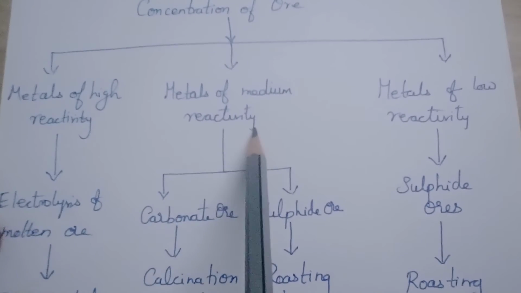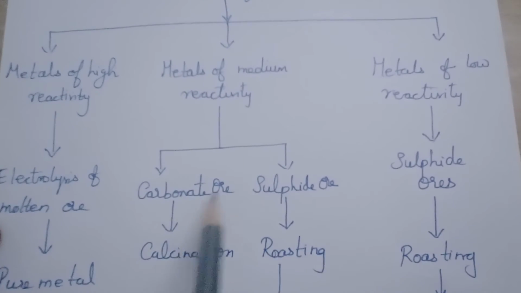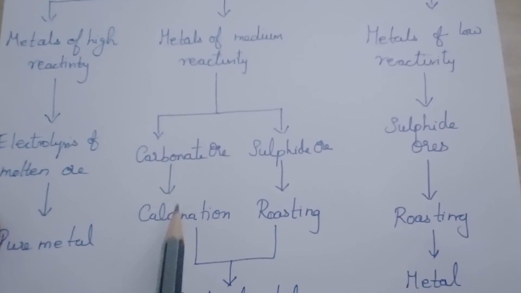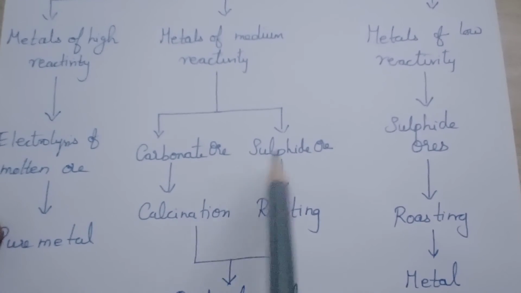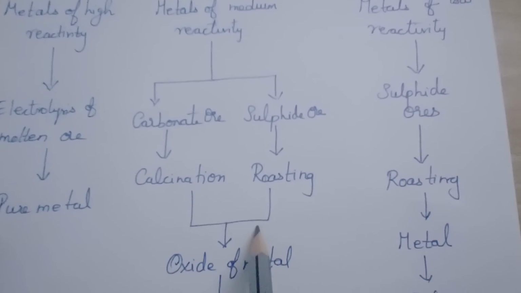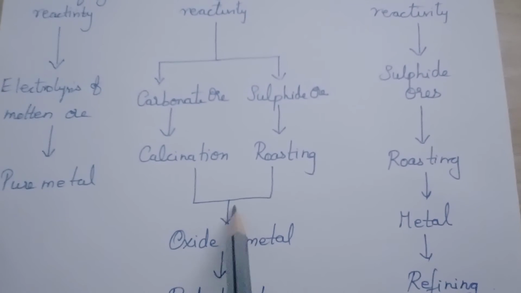Metals of medium reactivity exist in the form of carbonate ore or sulfide ore, okay. Both are possible. If it is a carbonate ore, first we'll go for the calcination process. If it is a sulfide ore, it is the roasting process, and after calcination and roasting both will make it an oxide of the metal.